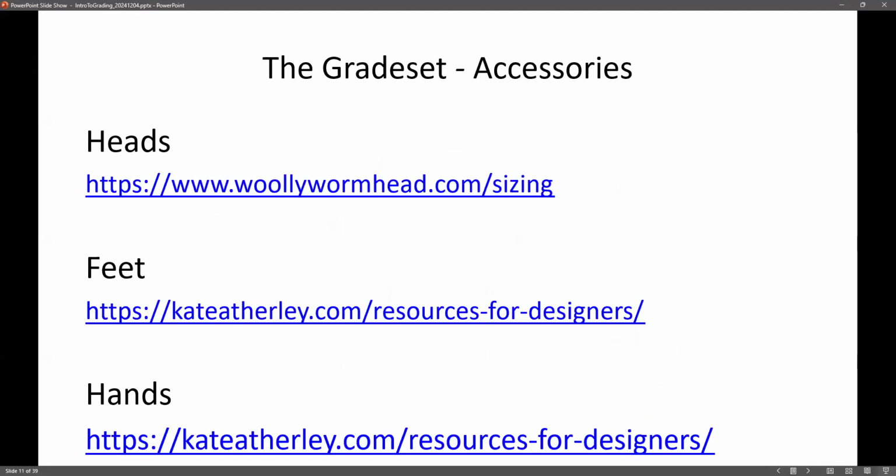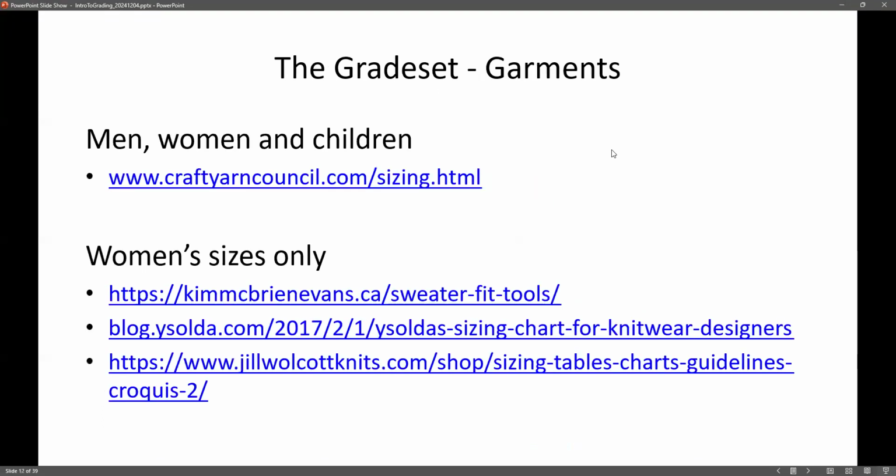Feet and hands, I've published those in my sock and mitten book, but I've also made those publicly available. Head measurements, Woolly Wormhead has the best set of head measurements. I actually, with her permission, drafted off hers when I published my hat book.